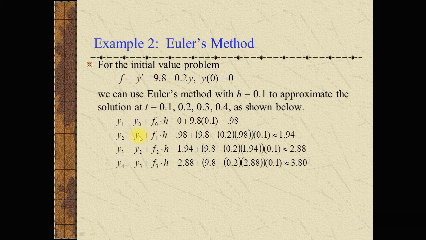Now putting here y1 0.98 plus the function at n is equal to 1, we obtain 9.8 minus 0.2 y1, and the y1 value is 0.98, and this is the step size. Now after simplification, we obtain the second solution, 1.94.